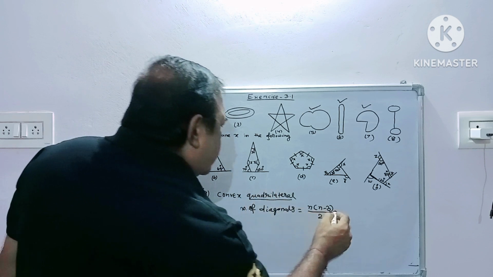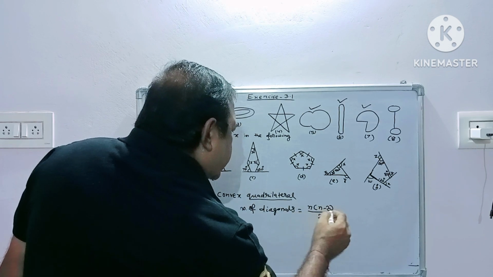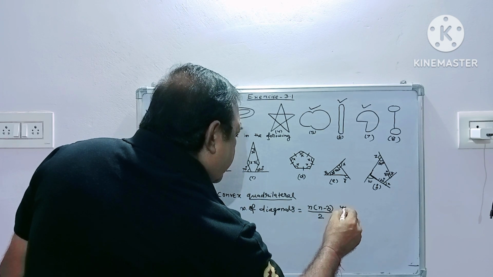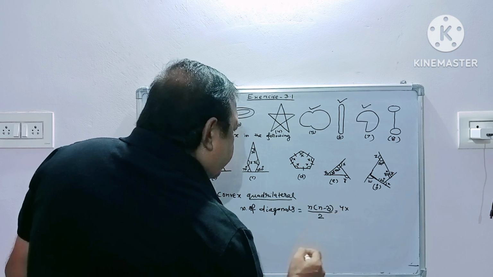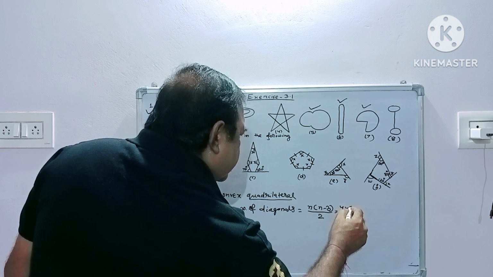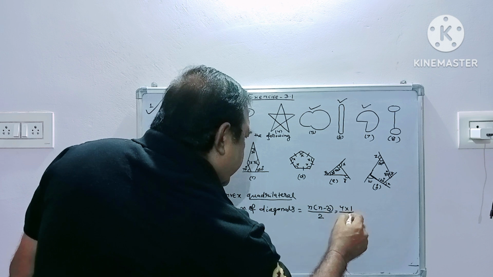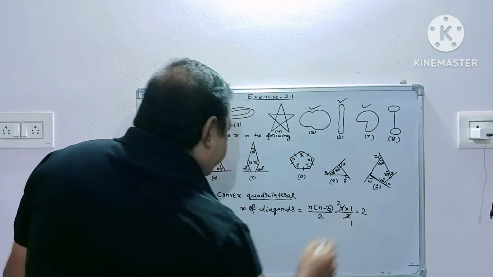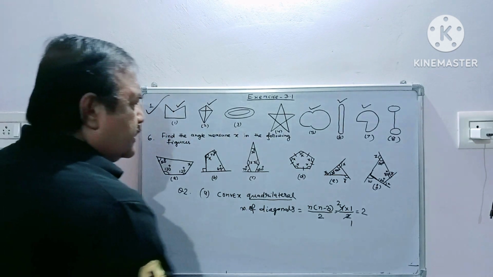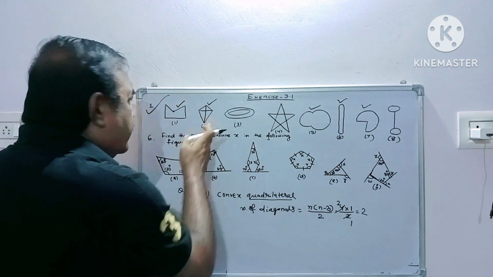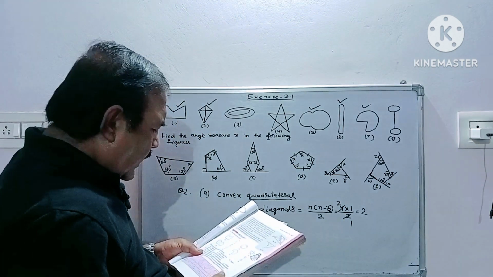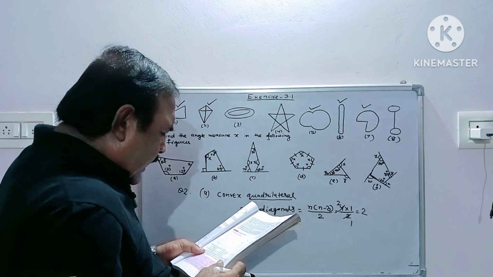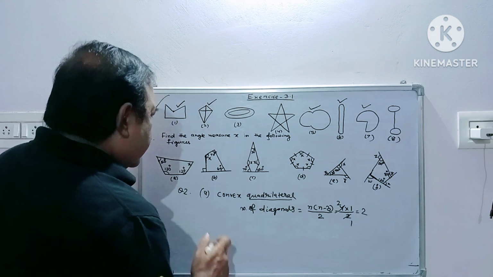Here n is equal to 4, the number of sides. 4 into 4 minus 3, that is 1, divided by 2. 2 ones are 2, 2 twos are 4. You see, what is the number of diagonals? That is 2. And to understand better, you take any quadrilateral and you can find. And question number B, regular hexagon.